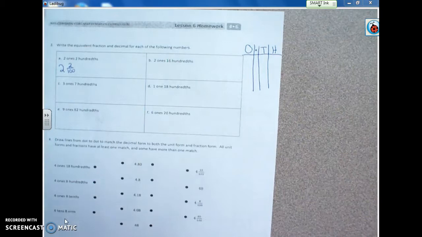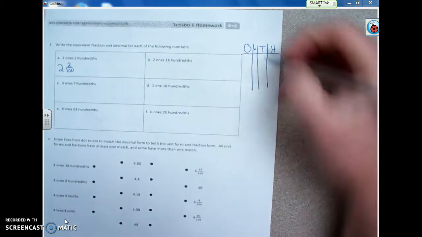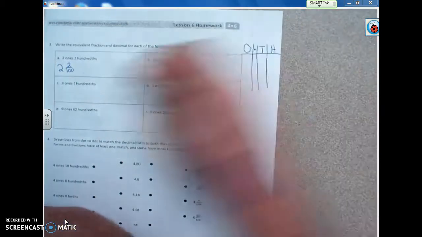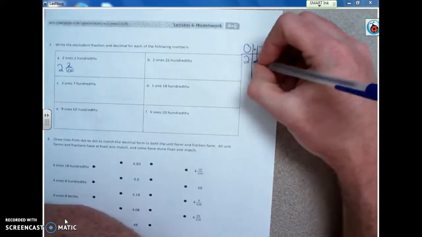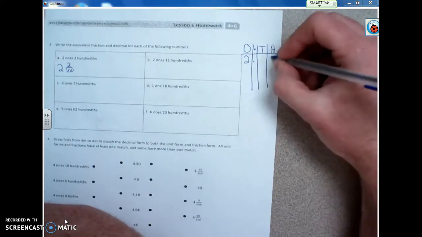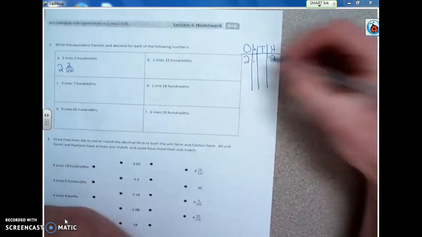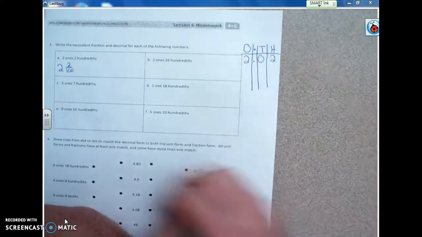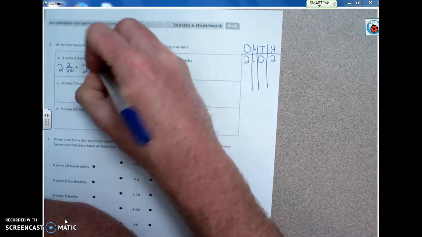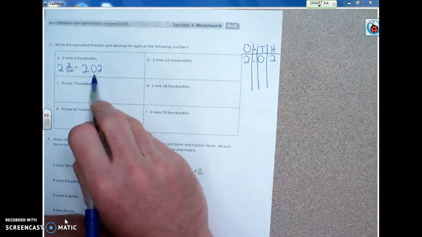That hundredths tells me my denominator has to be 100, and I only have 2 of them. So to write it as a decimal, I'm going to go over to my place value chart. I have 2 ones. I don't see anything about tenths, and I see 2 hundredths. Because 2's a digit and 2's a digit, I'm good. I need to give myself 0 tenths. My decimal becomes 2 and 2 hundredths. I have to include this 0 here.